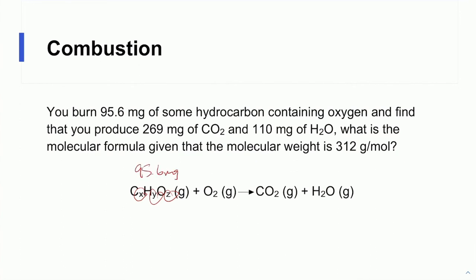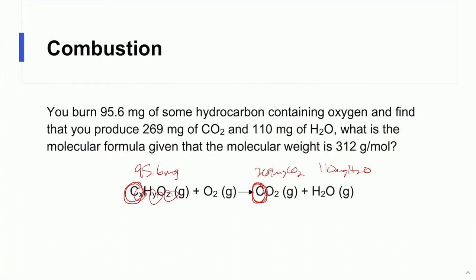So we know that we have 95.6 milligrams of whatever this is, 269 milligrams of this carbon dioxide, and 110 milligrams of water. Okay, so the reason that this helps is, if you notice in this problem, we only have carbon on one side. On the product side, we only have it in one molecule. And on the reactant side, we only have it on one molecule. So assuming that it goes to 100% completion, which, in theory it wouldn't, but look, for these questions, they don't really say otherwise.